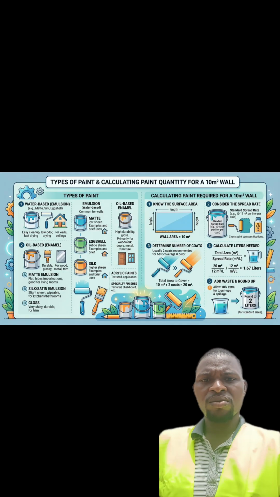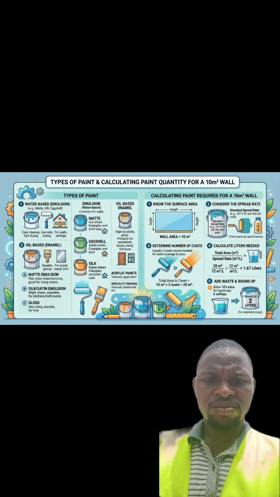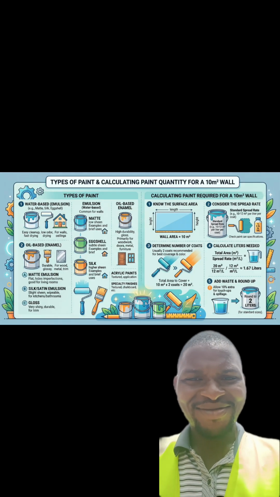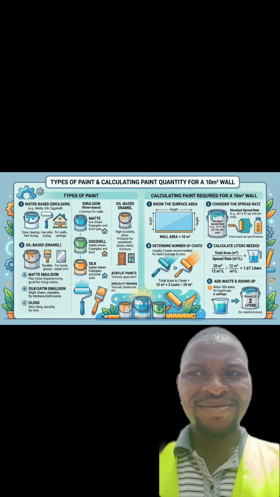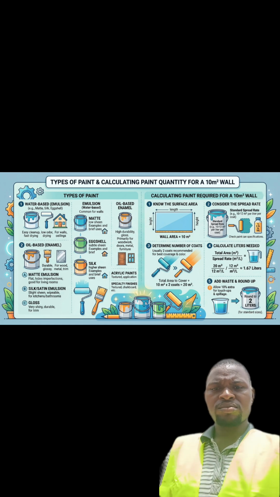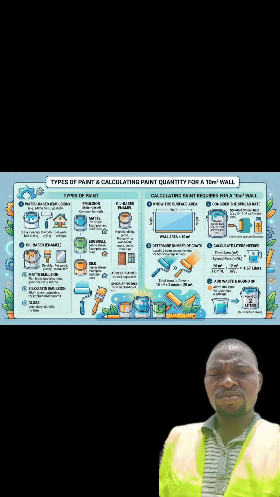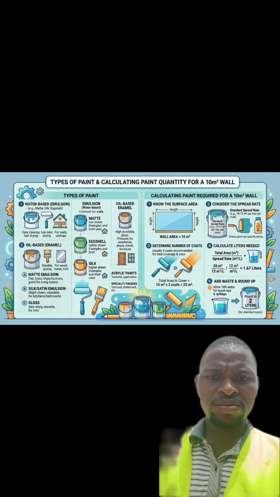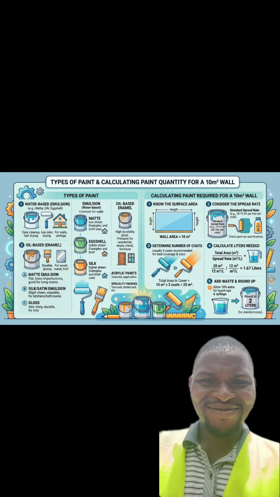Then we have the silk or satin. Silk or satin provides a noticeable medium shine. It is highly washable and wipeable. So out of the three, the matte, the eggshell and the satin, satin is the most easily washable. Then we also have oil-based paint, which is the enamel.